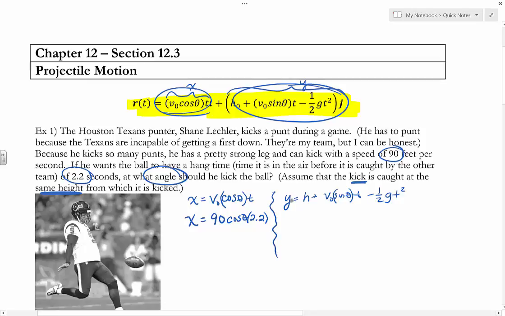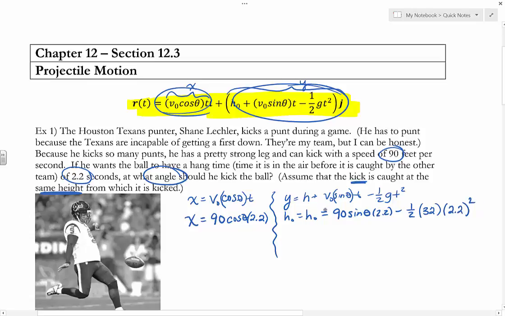Over here, y and h stand for the height when it's caught and the height when it's kicked. Since we assume it's caught and kicked at the same height, I'm going to call this h0 and h0. Then 90 sine theta times 2.2 minus 1/2 g t squared. This is in feet, so gravity is 32 feet per second squared, and time is 2.2.